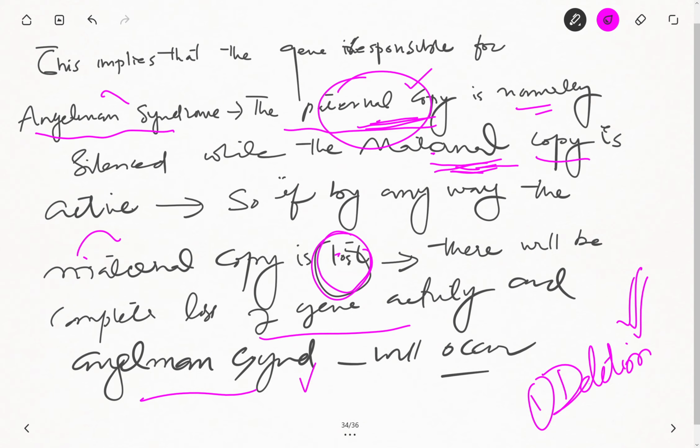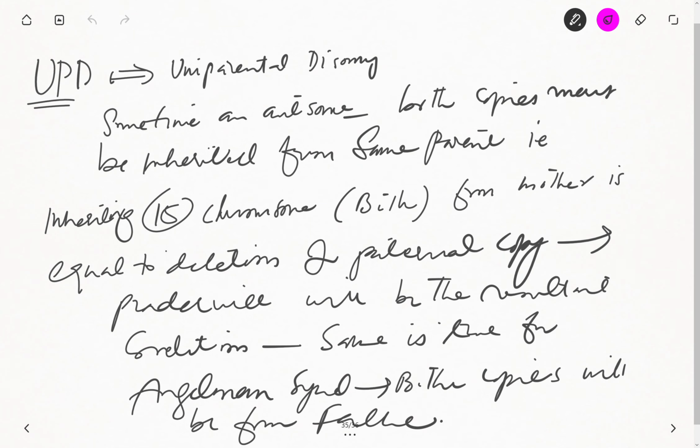The second way we can get these imprinted gene-related diseases is a condition called uniparental disomy. Sometimes both copies of an autosome are inherited from the same parent.